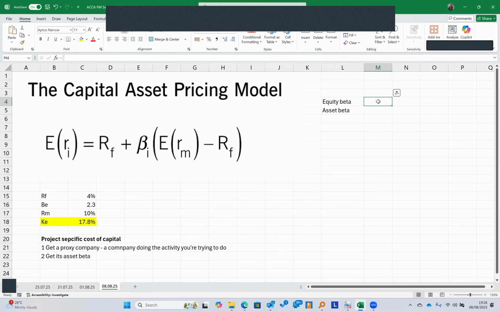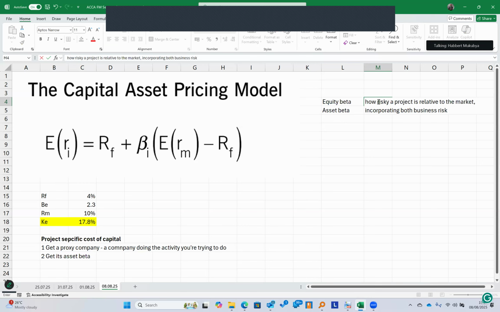But equity beta represents how risky a project is relative to the market, but incorporating both business risk, which is the fact that you are doing a new project that probably you haven't been doing, but also gearing.